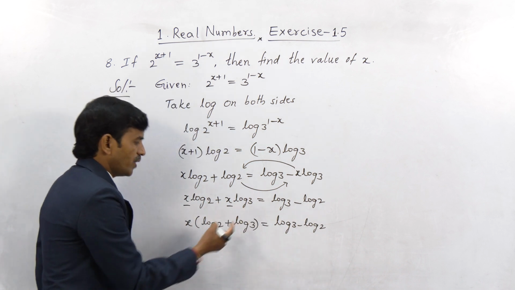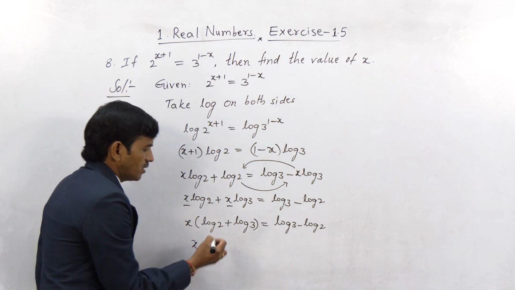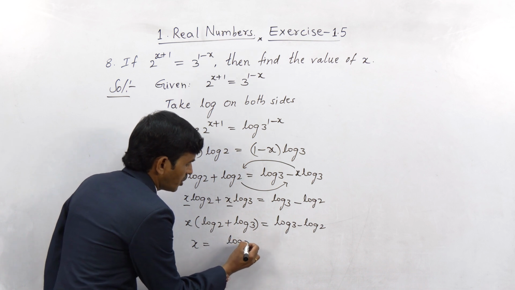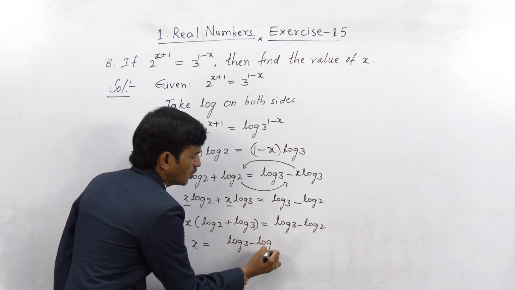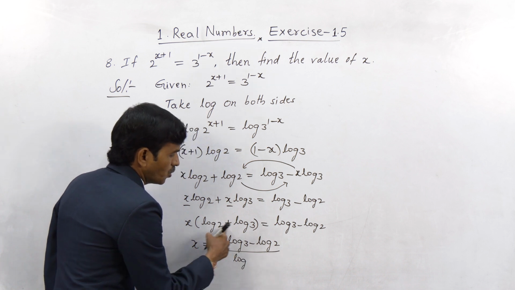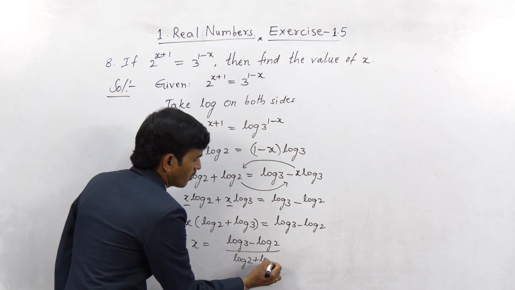So this term we can transfer that side, then it becomes x is equal to log 3 minus log 2 by log 2 plus log 3.